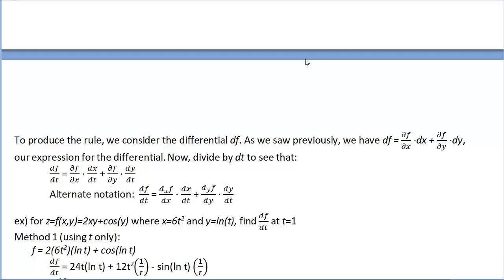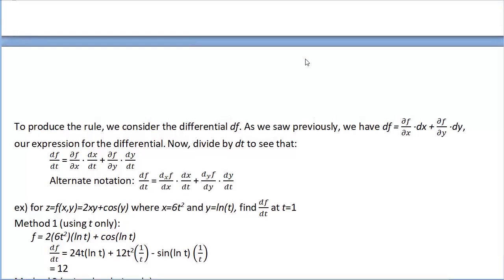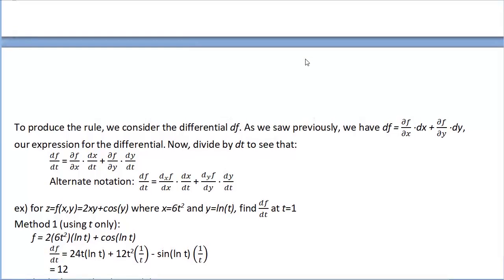First, using the product rule, we get 24t times ln t plus 12t squared times 1 over t. And then minus, using the single variable chain rule, sine of ln t times 1 over t. Then we're given the point t equals 1, so just plug that in, and you wind up with 12.